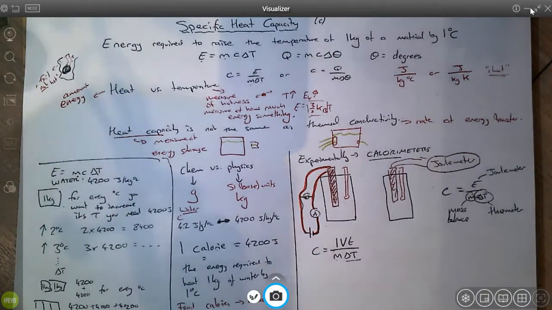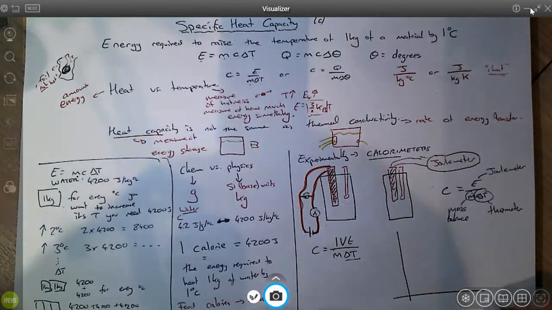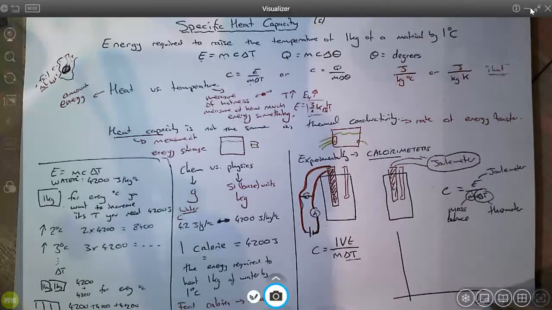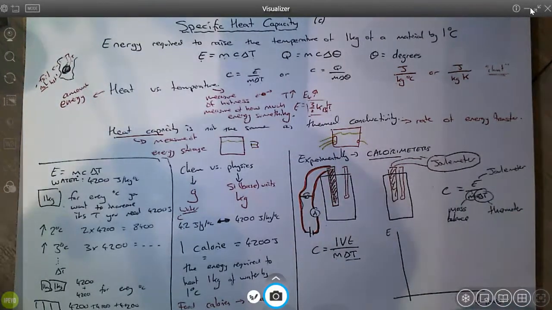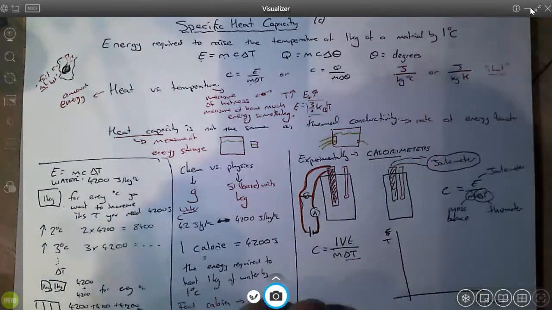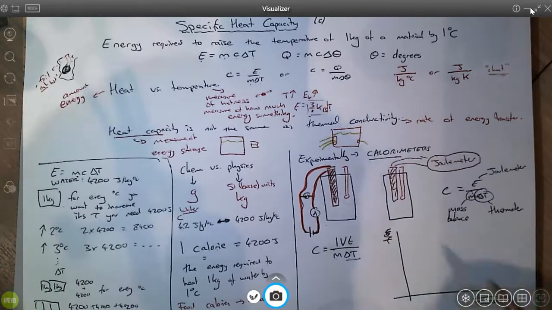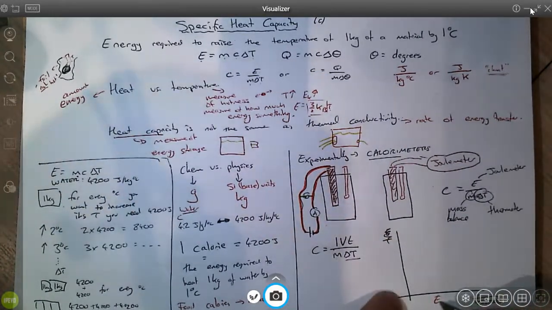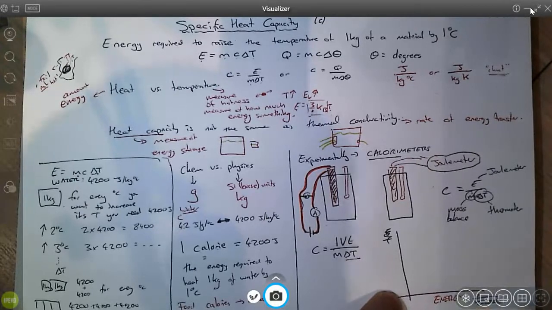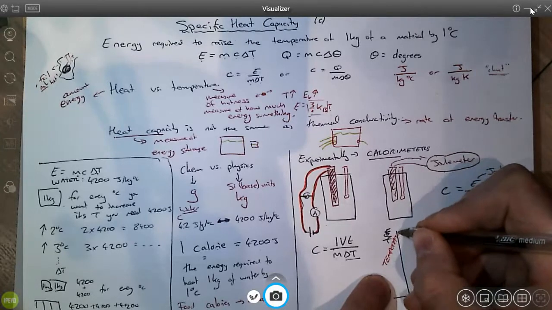But a slight improvement is actually over time. Sorry, I've completely messed this up. What we actually want to do is measure the energy input, and we want to see how the temperature responds.